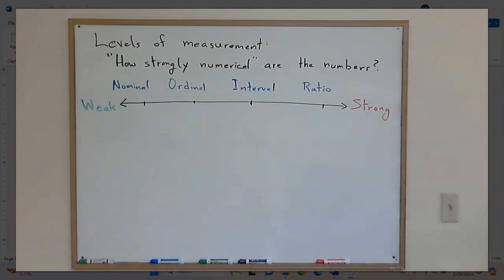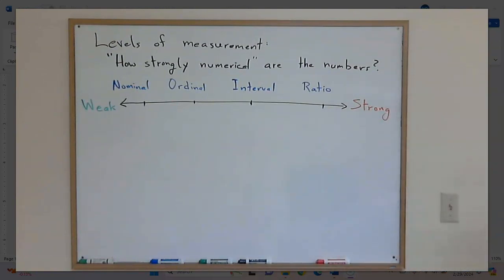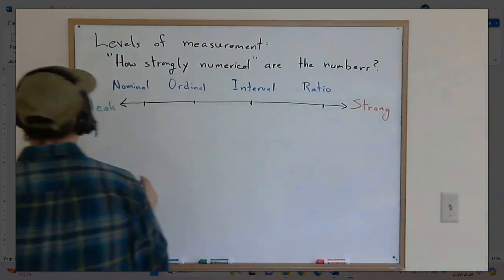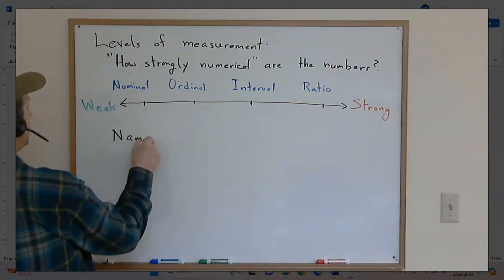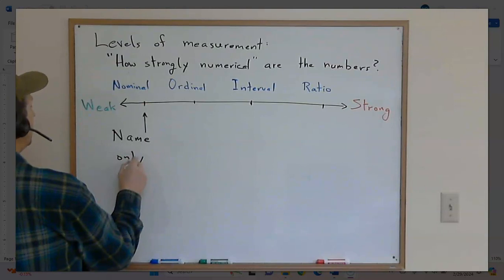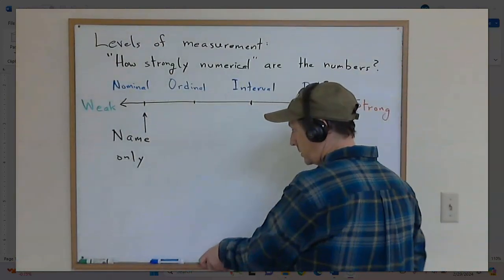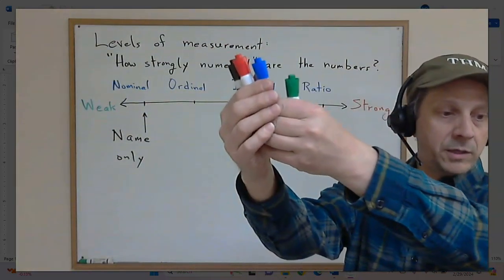And I think the best way to understand this is to begin with nominal, and then as we progress, we'll talk about what each level has that the previous one doesn't. So nominal data is numbers in name only. For example, you might be taking some data on the colors of marker pens, right?